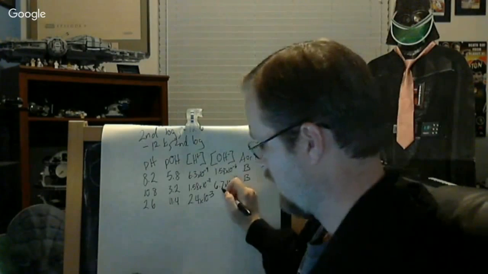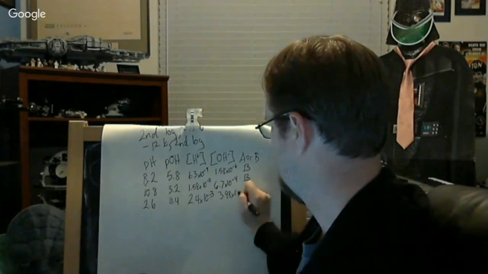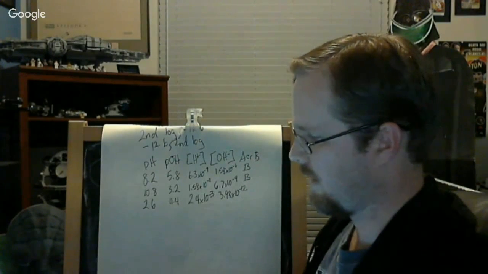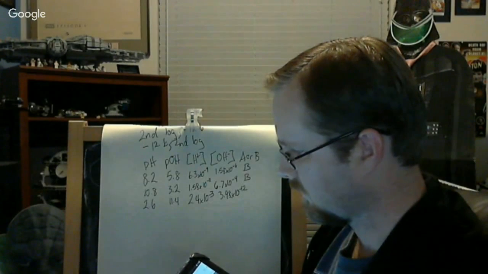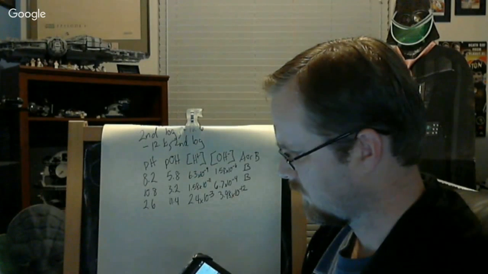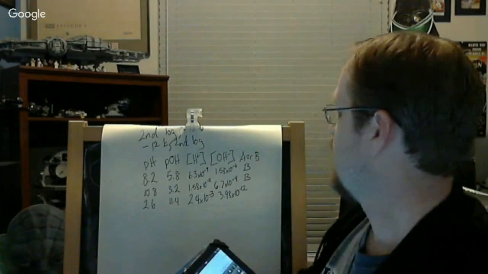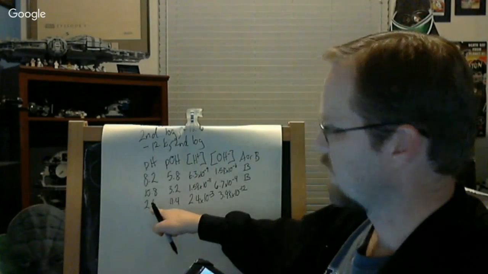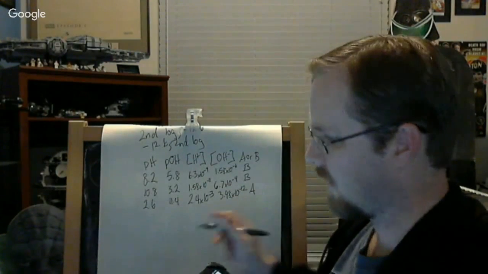And what we get is 3.98 times 10 to the negative 12 power. Okay, and then for the acid or base, I'm going to look at the pH. Since this is between 0 and 7, this is an acid.